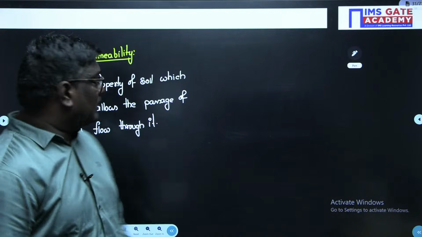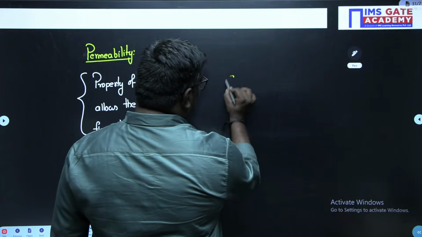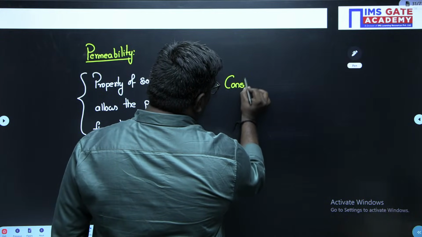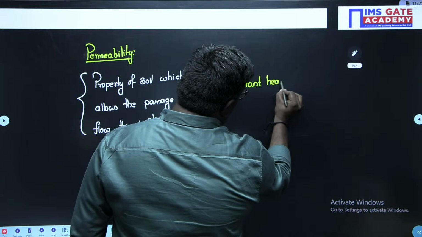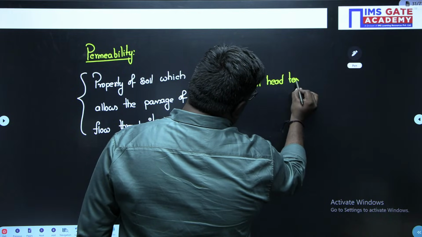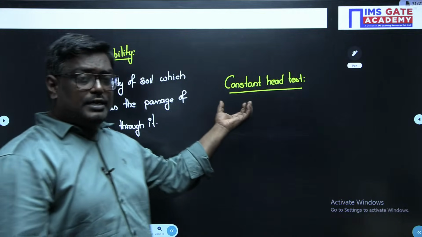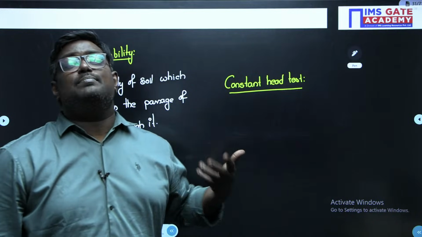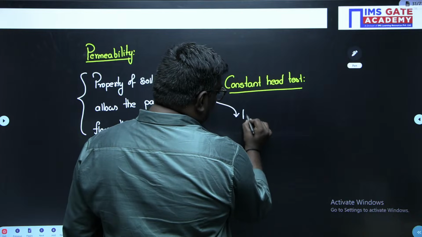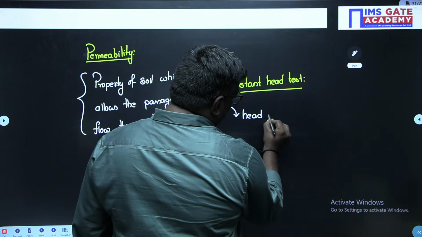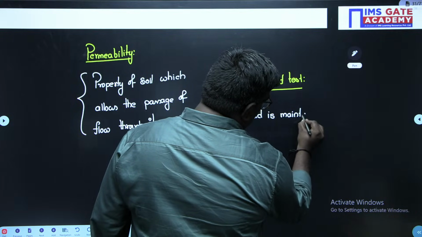Now, my dear students, this is the actual property. So we have different tests. First test is constant head test. In the name itself, in the constant head test, the head is maintained constant.